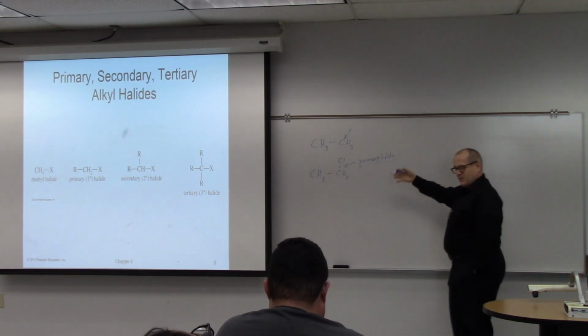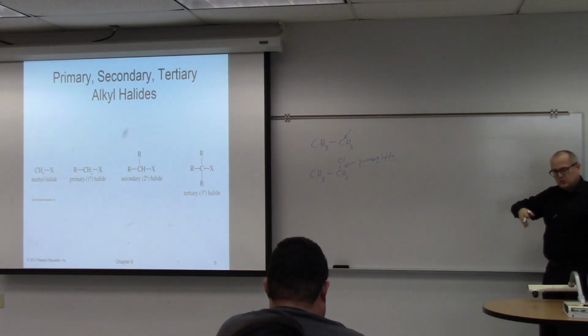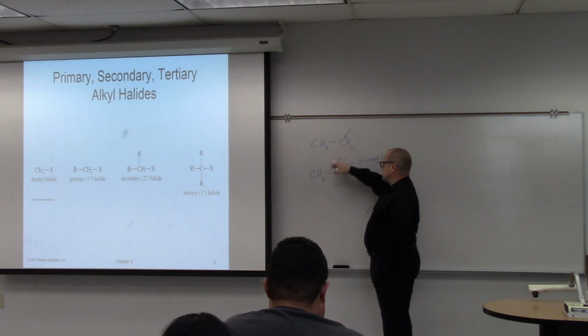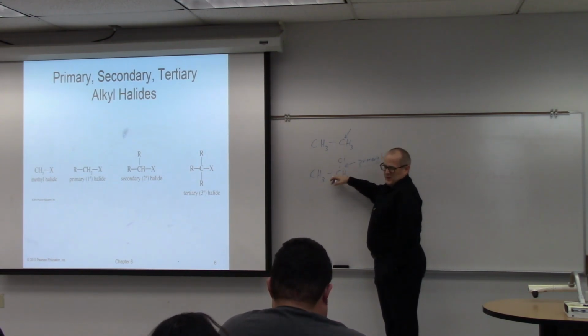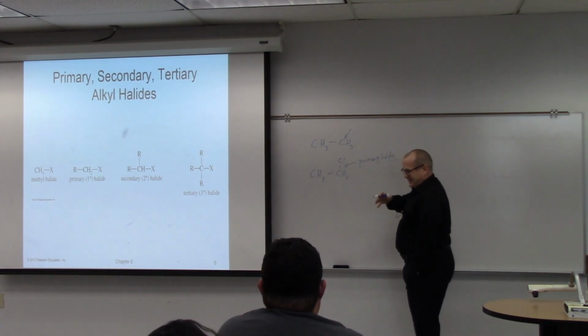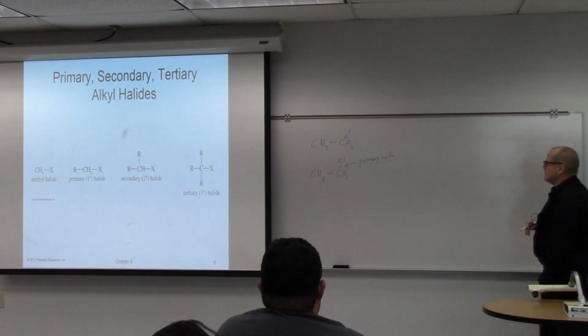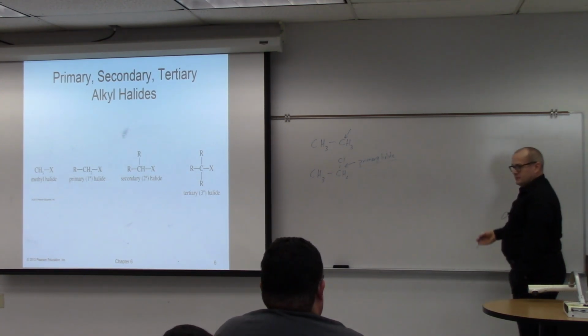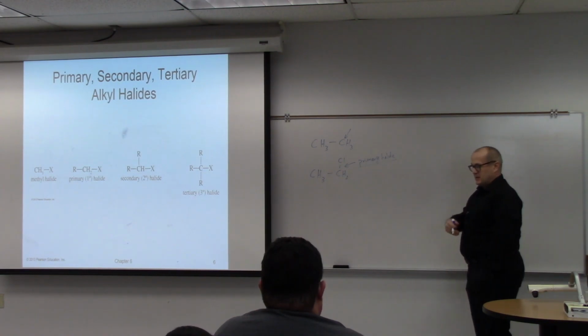One of the H's of the methyl is replaced by a halogen, so it's a primary halide. Because here it would have been a primary carbon, so it's a primary carbon here. That's how I do it. Some folks just say, okay, count the hydrogens, there's 2 so it's primary, but I think, be careful with that. Okay? So if it's a bromine, it'd be called a primary bromide. Iodine, a primary iodide. Get the idea?